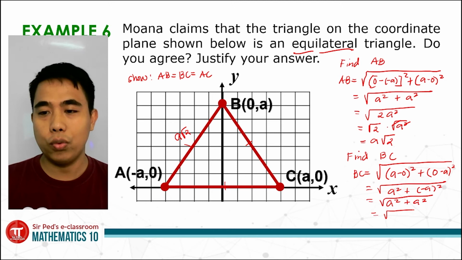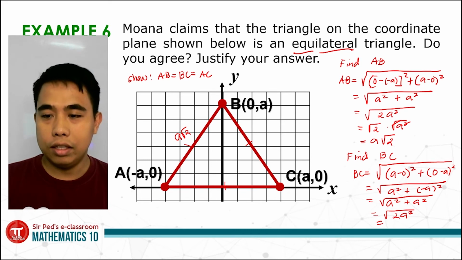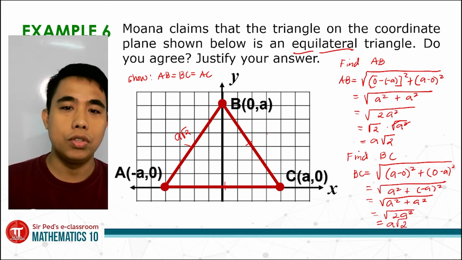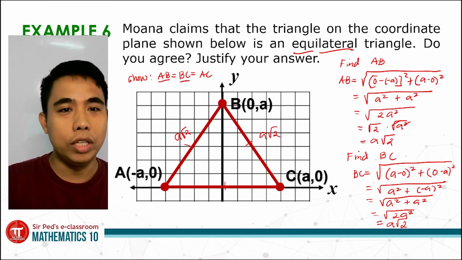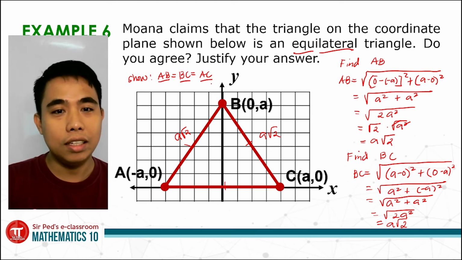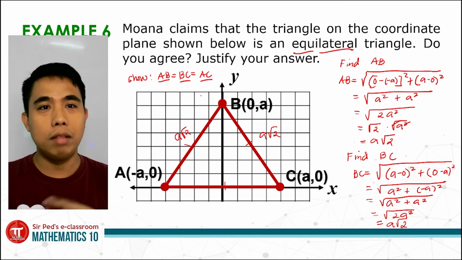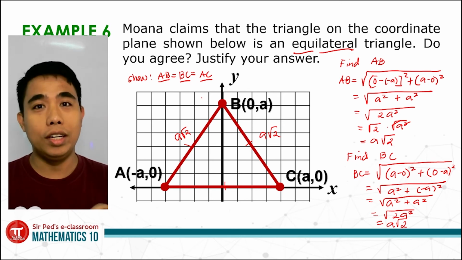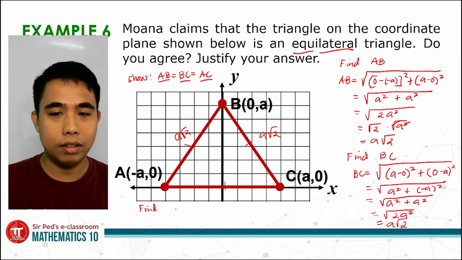So that is square root of 2a squared, and the same with this. Therefore, this is a the square root of 2. So, ayan. So, yung dalawa na, kung equal na yan, then we need to show na si AC na lang equal din kay a the square root of 2. But if not, then yung claim ni Moana, that is not correct. Now, let's find AC.